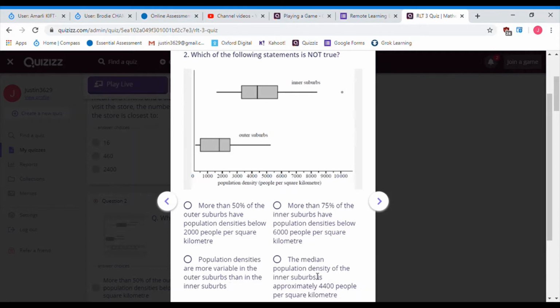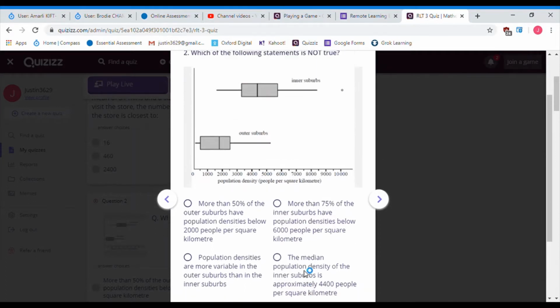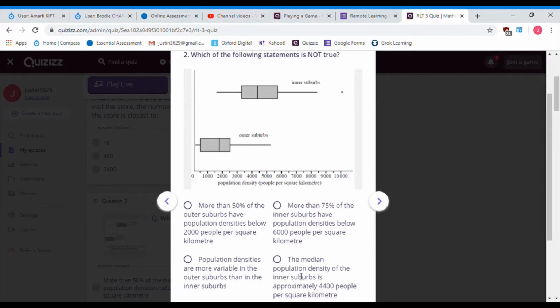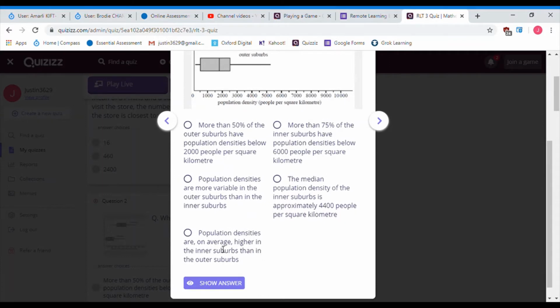Now, just to be sure, let's double check the last couple. This one, the median population density of the inner suburbs is approximately 4,400. Well, take our median line and go down carefully, we will find that it is just about 4,400. So this statement is true. The last one, population densities are on average higher in the inner suburbs than the outer suburbs.